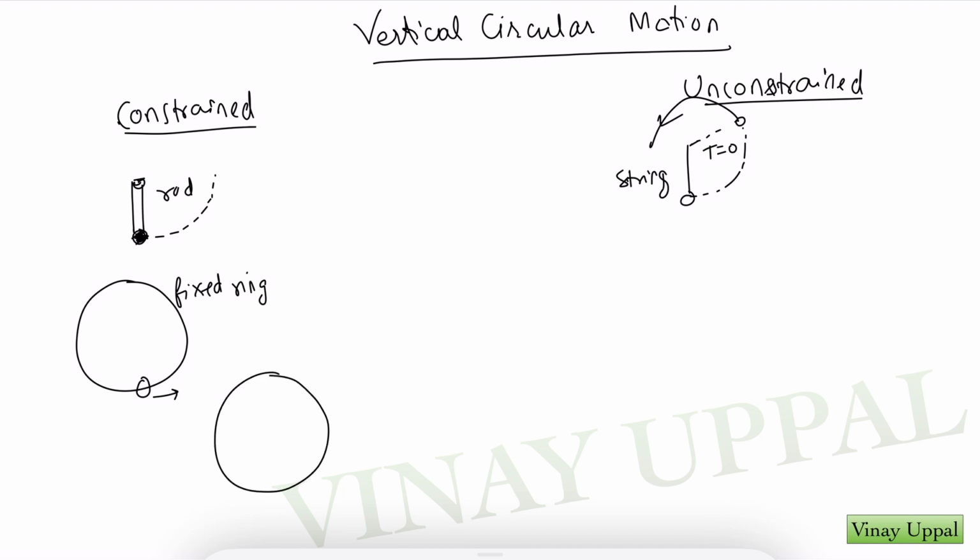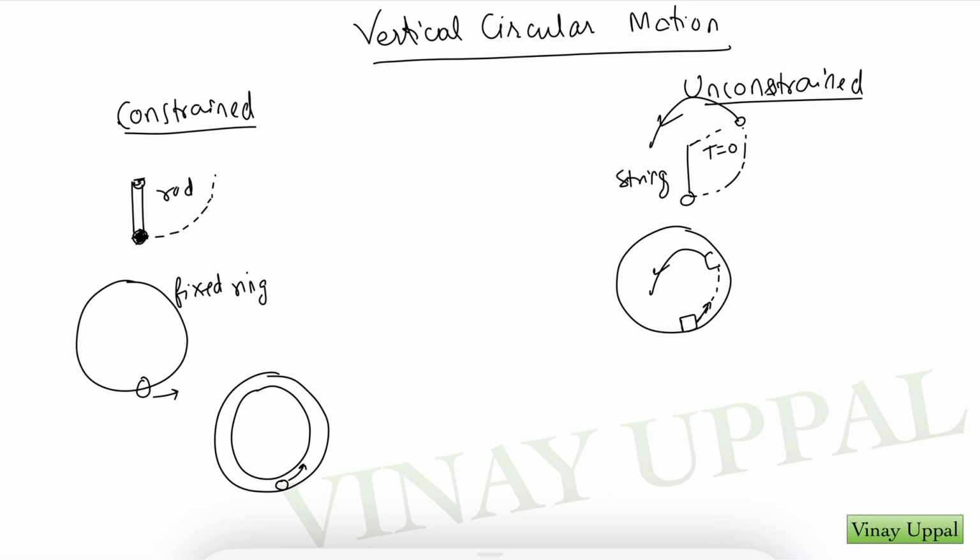Or you have a circular pipe in which a particle may travel, once again forced to move in a circular path. The other example of unconstrained motion would be inside a vertical circular track. A particle is traveling and it may lose contact at some point and perform projectile motion. Those are the kinds of unconstrained circular motions.